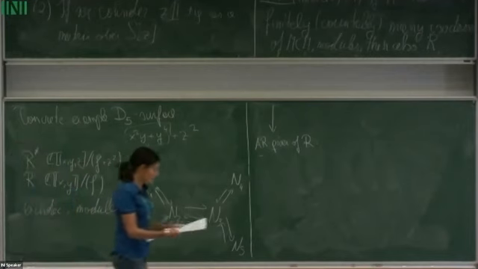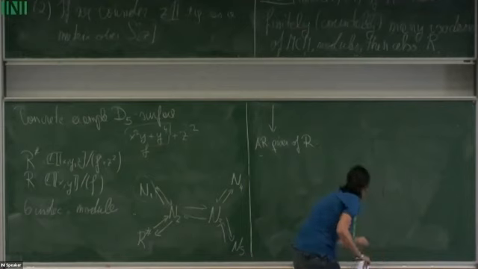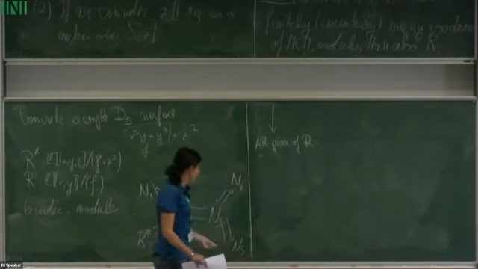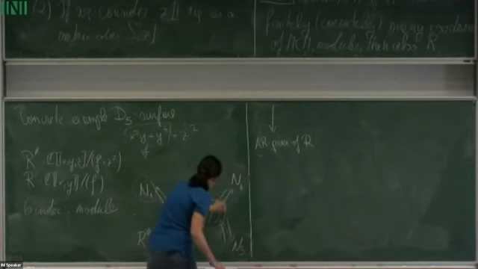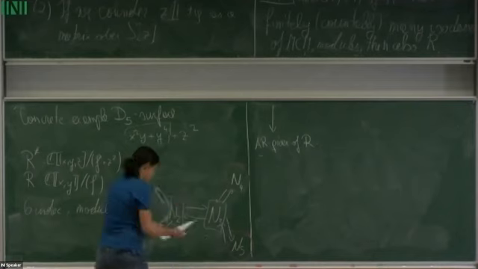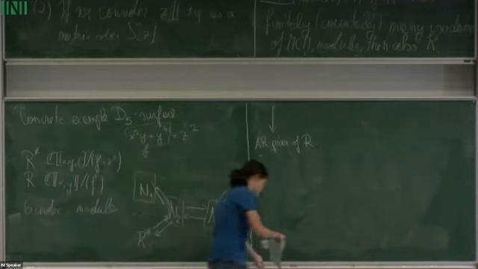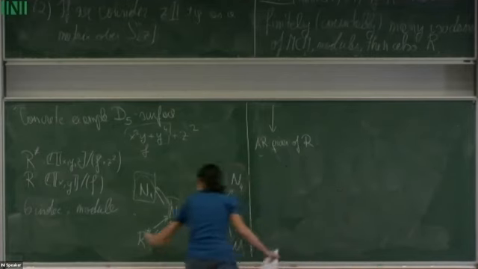Precisely that happens here. So these two will become isomorphic, and all the other ones will split. This one splits, this one splits, and this one splits, and R obviously stays R. Nothing is happening here.